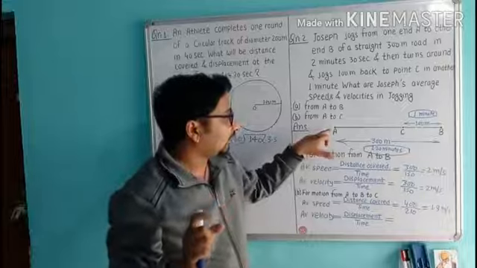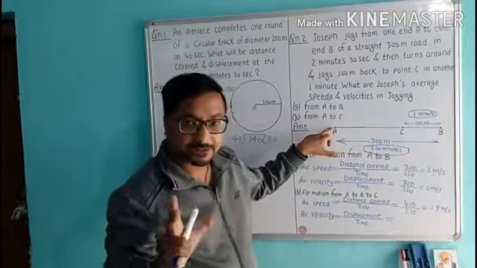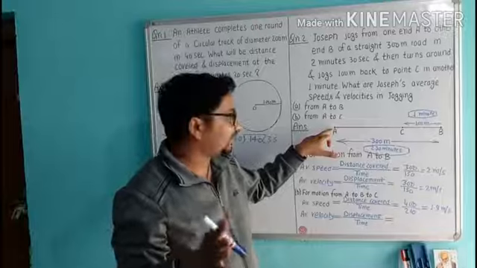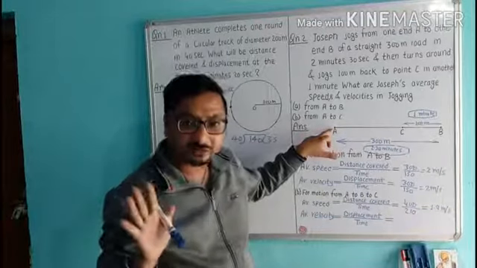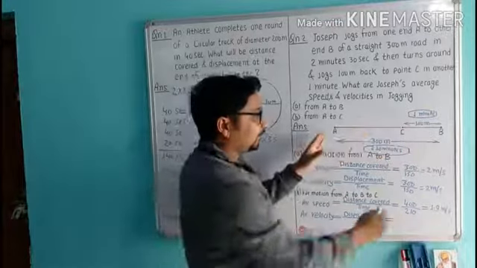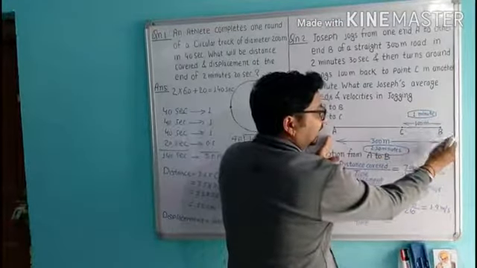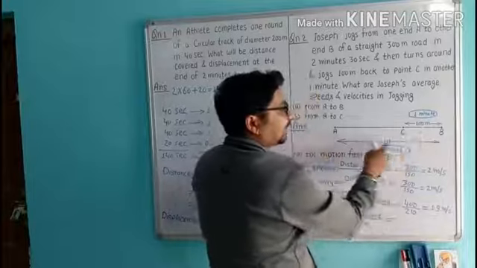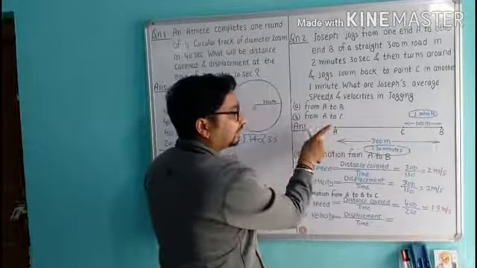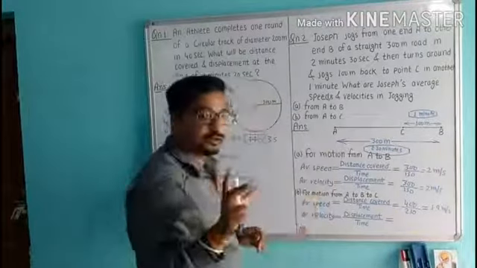We know that displacement is the distance between initial position and final position. Initial position is A, final position is C. That is the displacement, the distance between A and C is 200 meter.